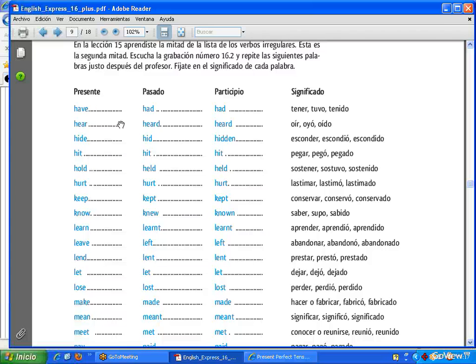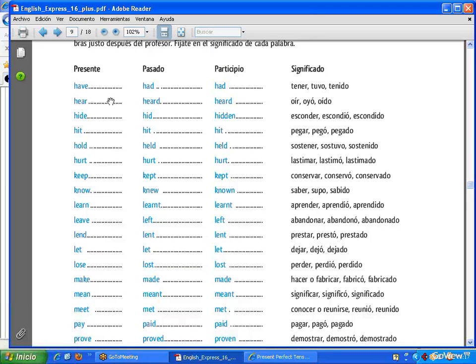It's very difficult, because look, some of them: hear, heard, heard; hold, held, held; keep, kept, kept. Some of them have a rhythm, but some of them don't. So hide, hid, hidden. And this one, hit. Hurt, hurt. All the same. Leave, left.